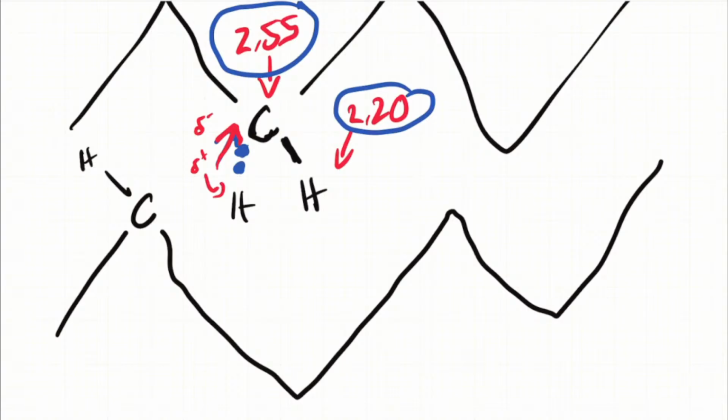Well, this hydrogen is actually going to be a little partially negative, which is confusing because we might say, whoa, I thought the electrons were more towards the carbon.